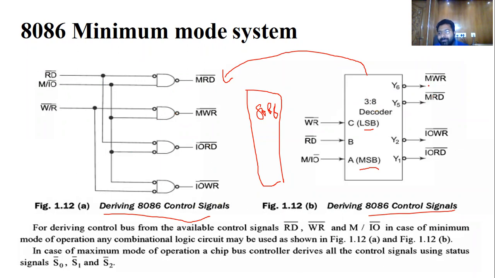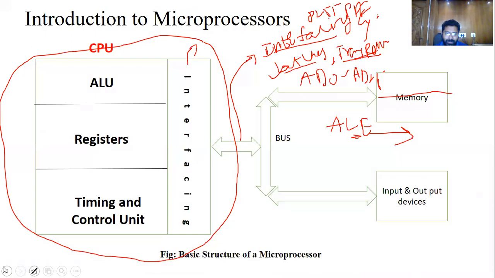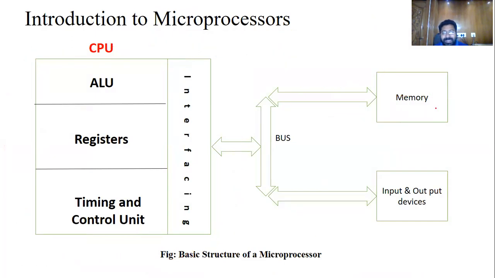So what is MWR bar? What is MRD bar? What is IOWR bar? IORD bar. You know that. Once again, come back to the microprocessor diagram. You know that the microprocessor is connected to both the memory and the input/output devices.